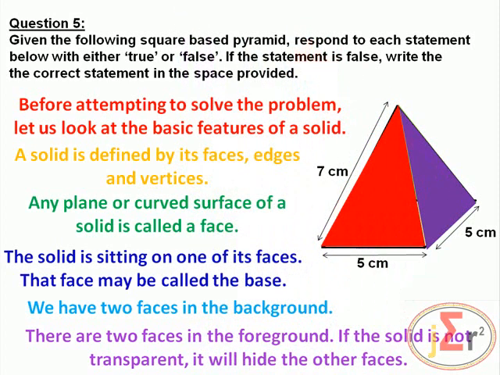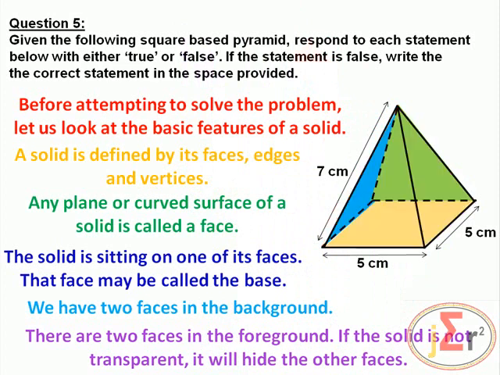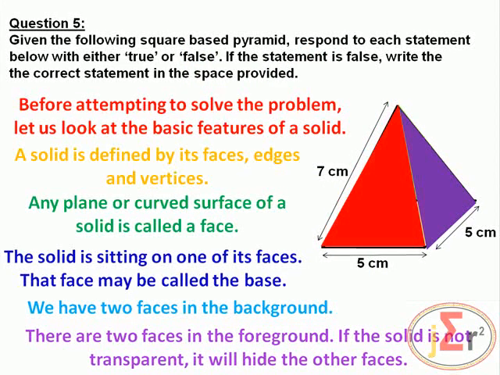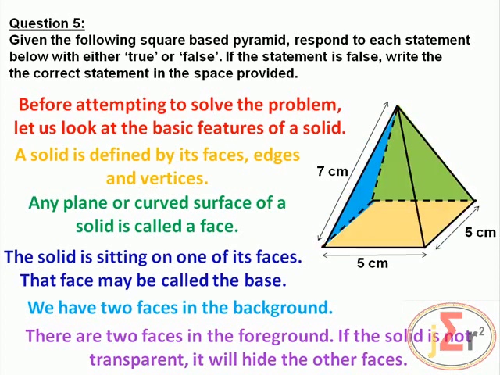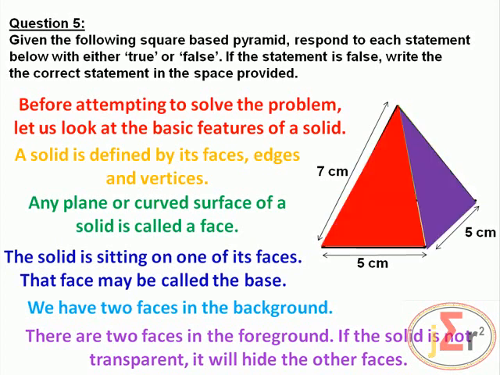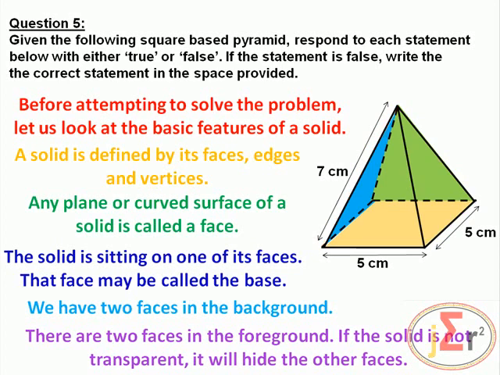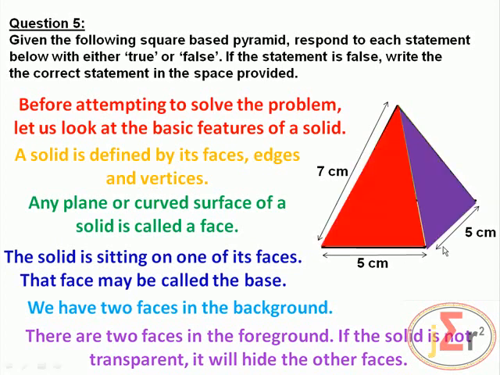So we have taken a look at all of the faces of the particular solid that we are discussing at the moment. All of the faces: the base, the two faces in the background, and also the two in the foreground.